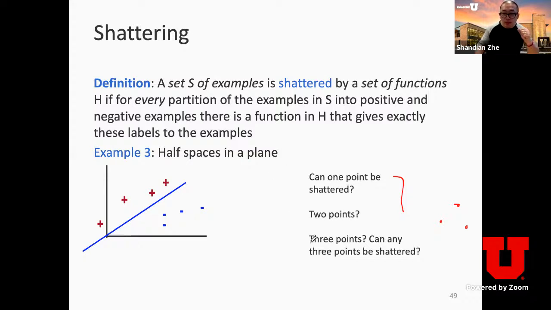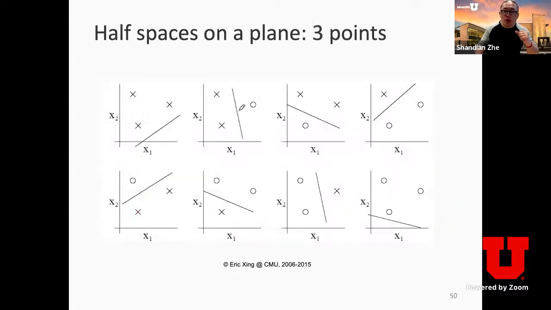And if you want to verify this, you need to enumerate all possible labeling schemes on these 3 points. We know that each point can be labeled as positive or negative. So for 3 points, there are in total 8 possible labeling schemes.